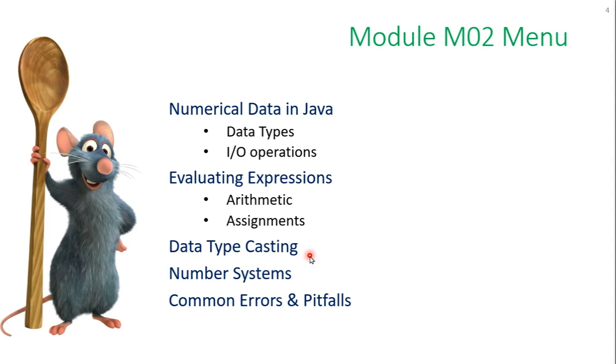So when I said, for example, we have a value of 5, well, if you write down in a Java program 5 just as a digit 5, that's going to be considered an integer. More specifically, an int data type, okay? So it's going to be a numerical literal because we put the value directly in the program, of data type int. But if you write 5.0, then it's going to be considered a floating point number.